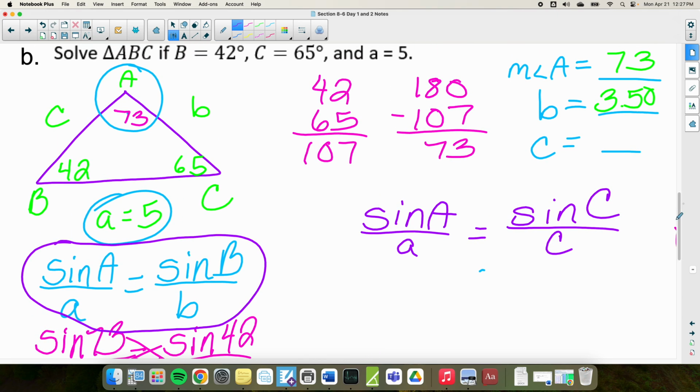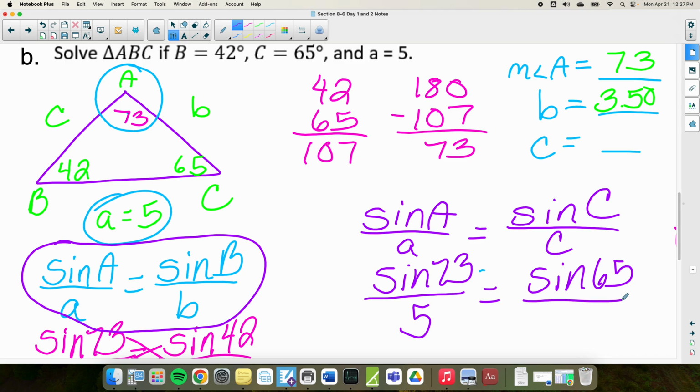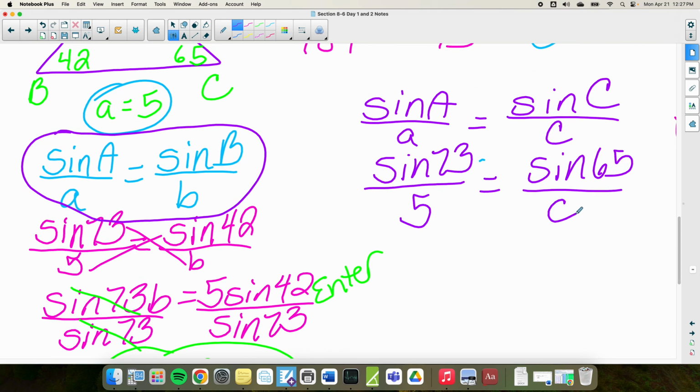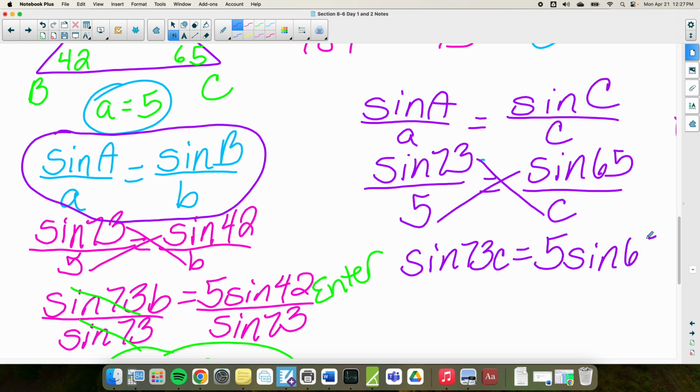So sine of A is sine 73, little a is 5, sine of c is sine 65, and little c is what I'm looking for. Then I do cross products. So I do sine 73c equals 5 times sine of 65. This is multiplied, so what I'm gonna do is divide by sine 73.